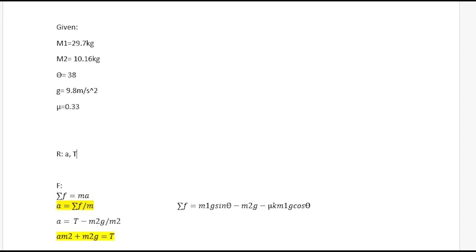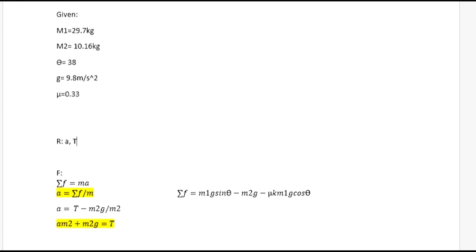So they divide both sides by the mass to find the acceleration. And the summation of forces is equivalent to m1 multiplied by the gravity multiplied by sine theta, subtracted by m2g, minus the frictional force.